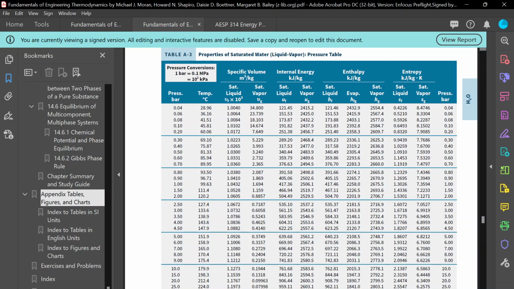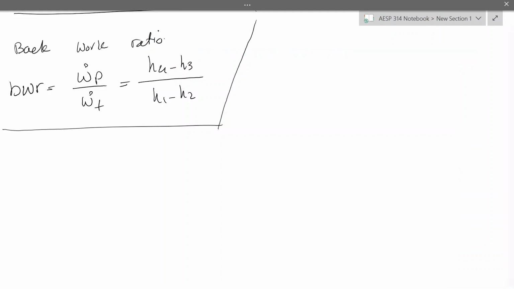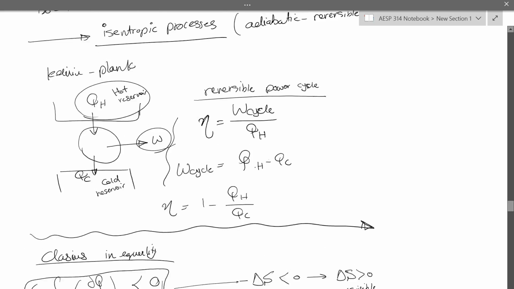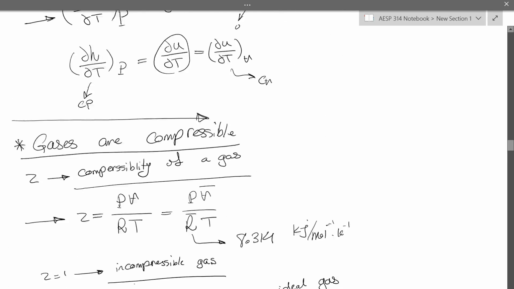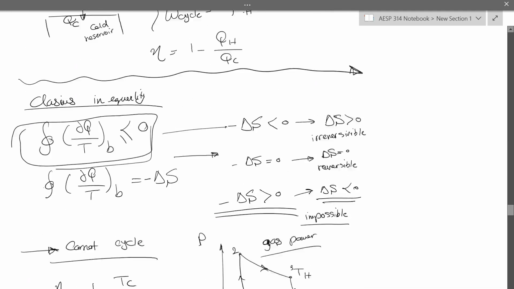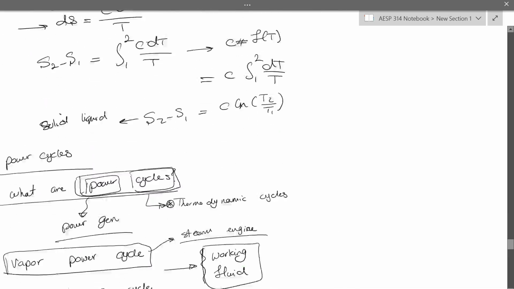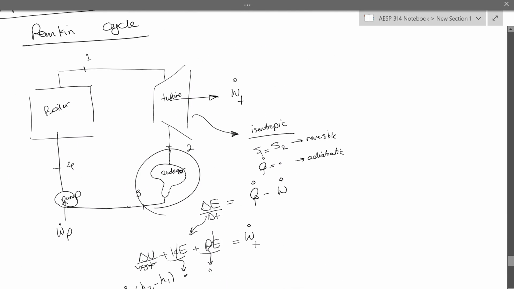Does this make sense? Let me go back to this drawing of the Rankine cycle. I hate this software. This one.